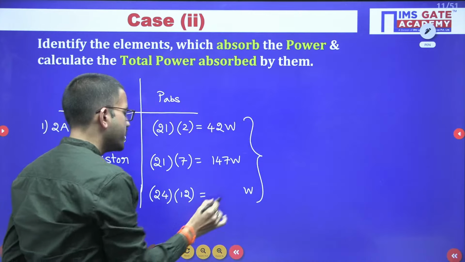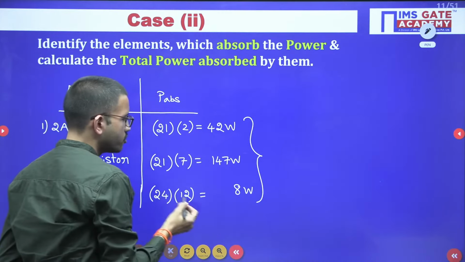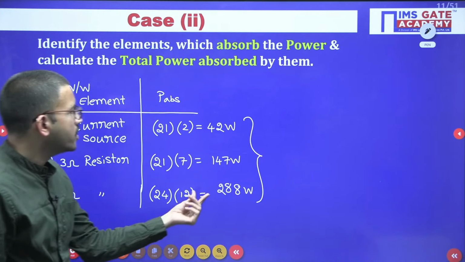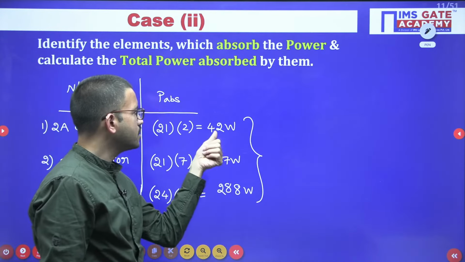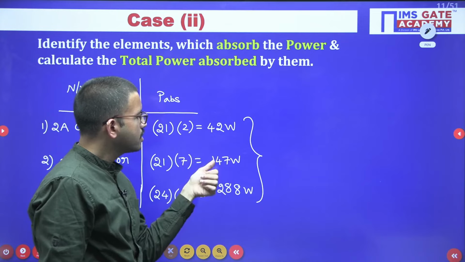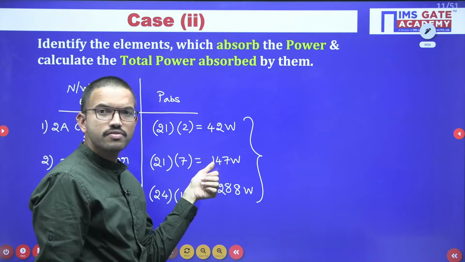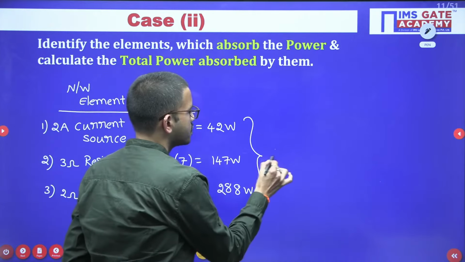Here 12 4s are 48, 12 2s are 24 plus 4, 28, 288 watts, sorry. So here 288 plus 2, 290, 290 plus 40, 330, 330 plus 40, 370, 370 plus 100, 470 plus 7, 477.